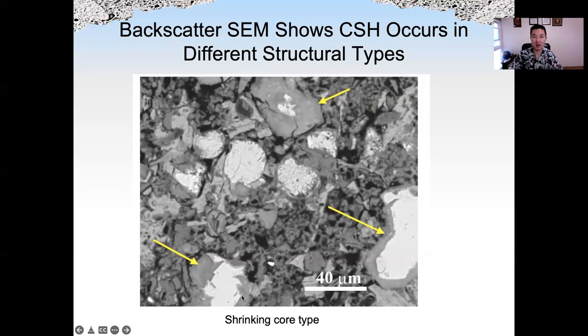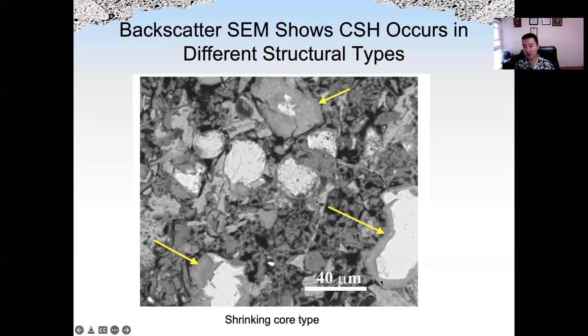All right, so let's talk about the three major types of CSH, depending on the morphology and location of them. Okay, so the first one is called shrinking core type. Okay, so this white color is unhydrated cement. As we can see from here, this is one unhydrated cement grain.